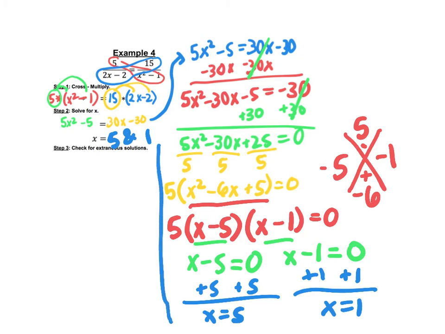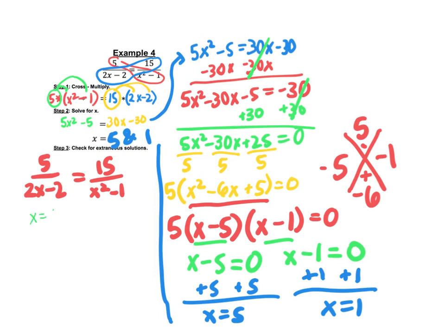So originally you had, let's write it here in red, 5 divided by 2x minus 2 equals 15 over x squared minus 1. I'm going to make my pen a little smaller. So let's start with x equals 5.